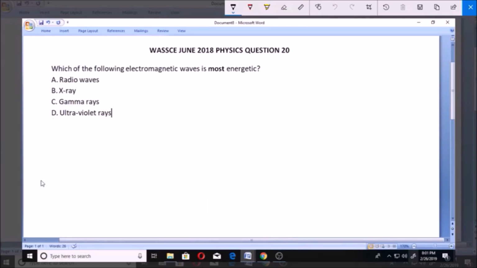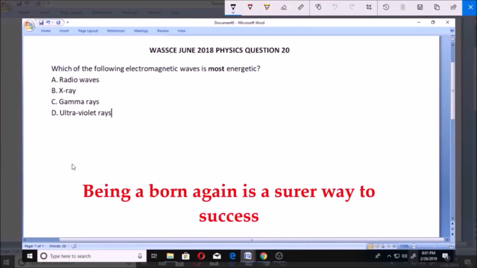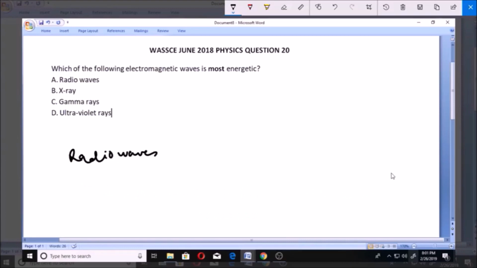Now if you look at the scale for frequency or any other thing, you're going to find out that on one side you have the radio waves, and on the other extreme you have the gamma rays. In terms of wavelength, radio waves have the highest wavelength.